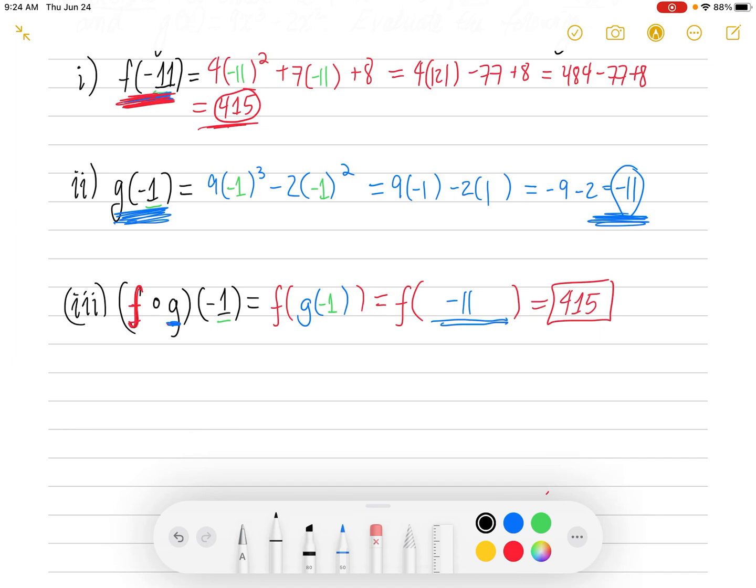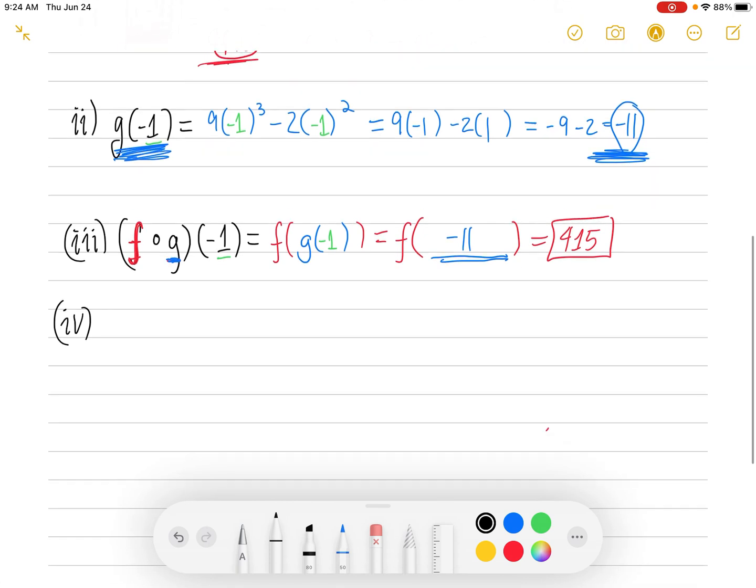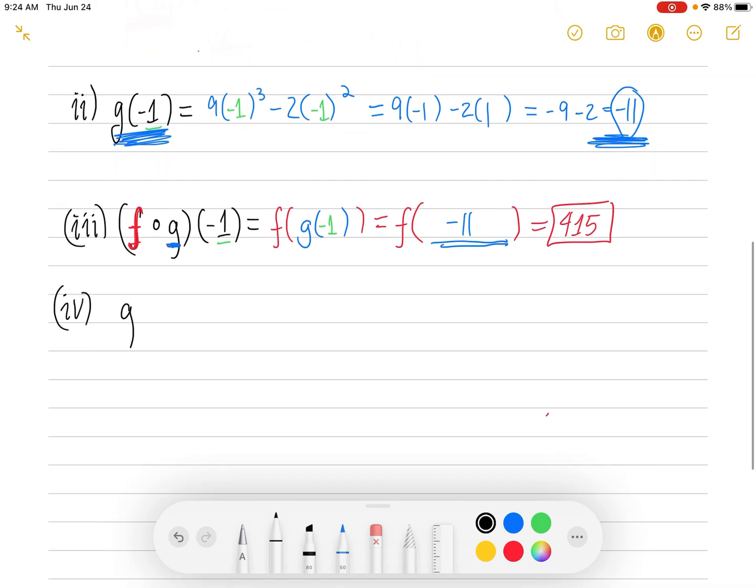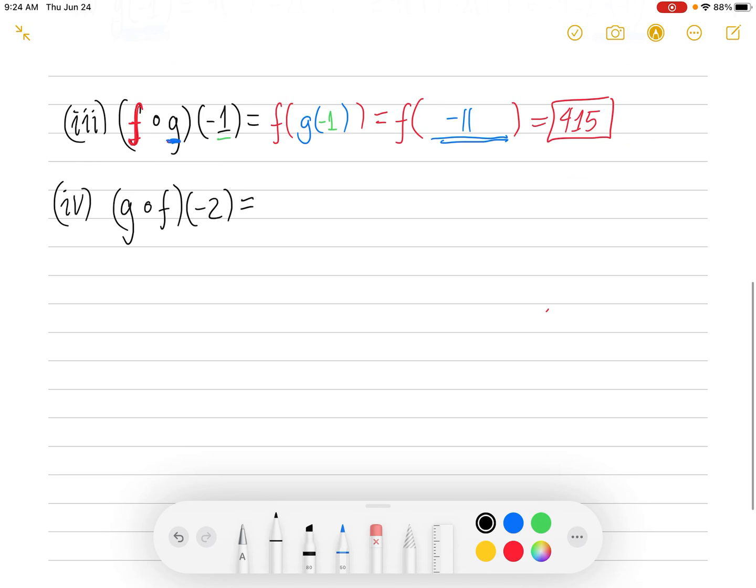All right, let's do another example. So that should have been a little 3 there, not a little 2. Okay, let's do a little 4 here. Let's say we wanted to find g circle f, or g composed with f, of -2.